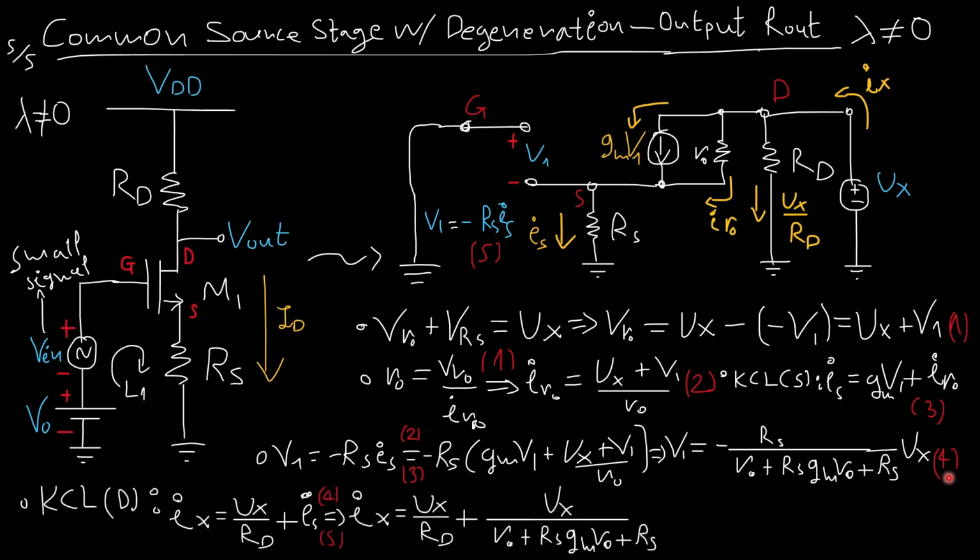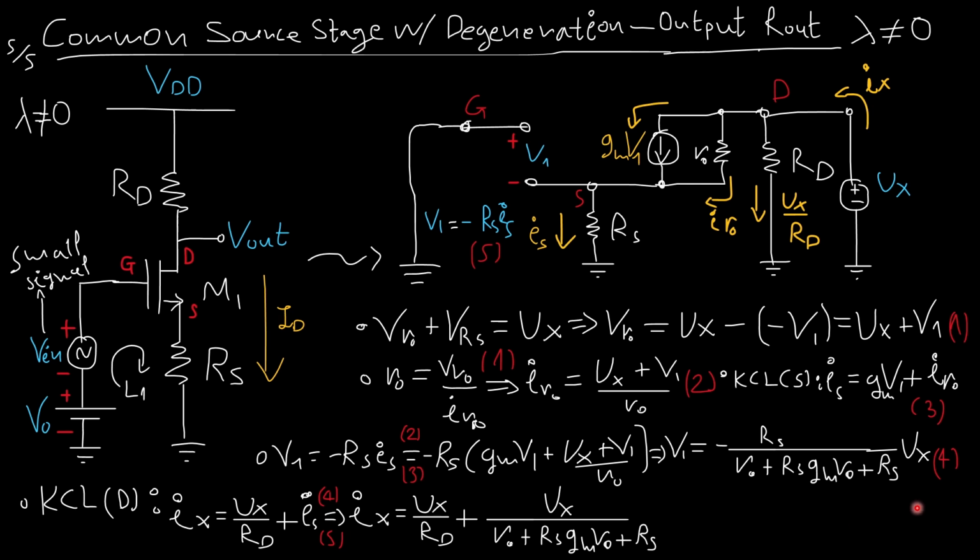Now that I have a way to do it, I go and do a KCL on node D. Everything that flows in must be equal to everything that flows out. So Ix is equal to Vx over Rd plus the total current that flows, this and this that become connected and become one Is. So I'll call this in general Is.